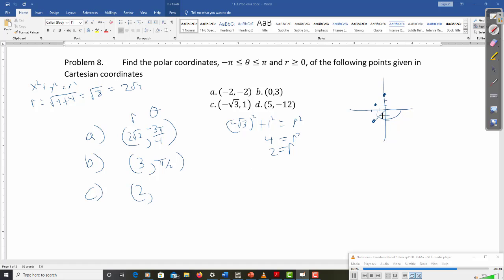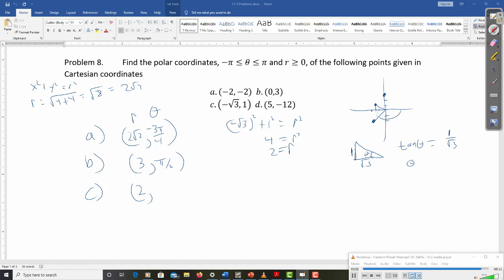Then we need to actually come up with a formula for the angle. So let's see. This side is square root of 3, this side is 1. So tangent of theta equals 1 over square root of 3. That's actually the 30, 60, 90 triangle, isn't it? Yeah, it is.